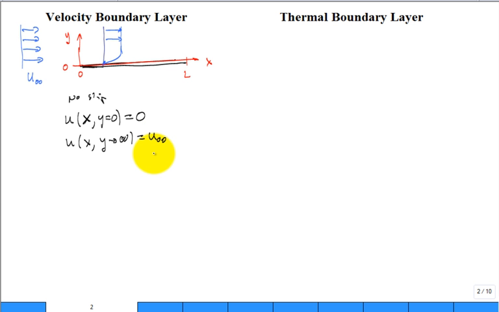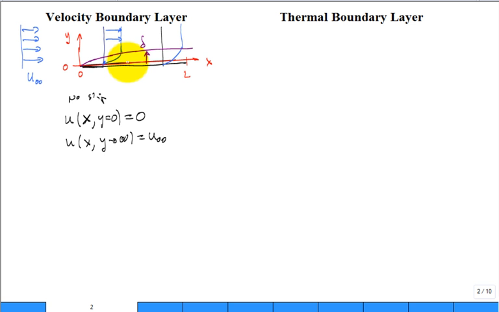True? U infinity. But if you plot a few of these profiles, what you find is that the presence of the plate is felt further and further into the fluid. So a lot of times we'll sketch something like this, and we'll talk about a distance into the fluid, delta, where the presence of the plate is felt.